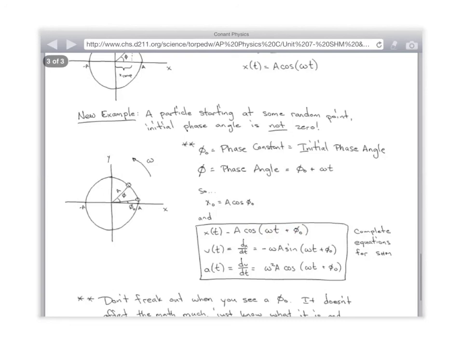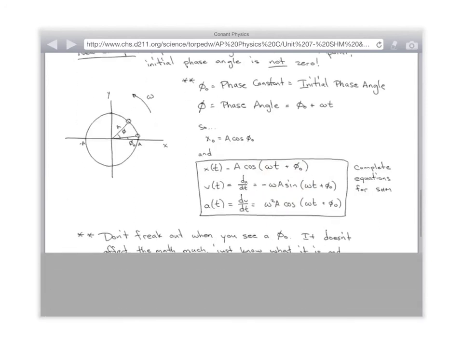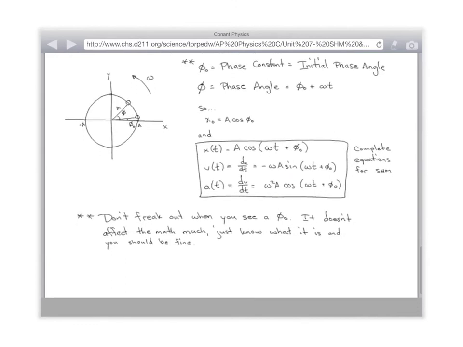And then for velocity, negative omega a sine of omega t plus phi naught, and then for acceleration, negative omega squared a cosine of omega t plus phi naught. All right, so bottom line, if you ever see phi naught, phase constant, don't freak out. It doesn't really affect much. Fear not. Yes, fear not. That's what it stands for, fear not. That was awful.